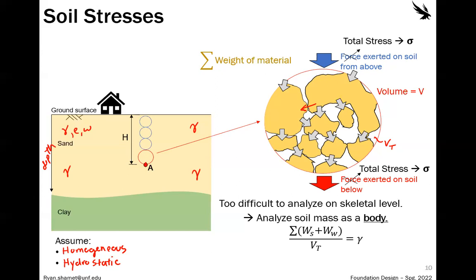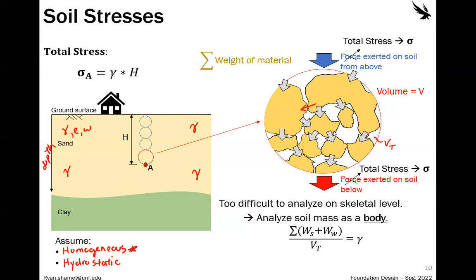So this H, for example, let's just say that would be proportional. The larger the H is, the larger the pressure is, the larger the stress is. And if this is homogeneous and that unit weight doesn't change, then we can say that total stress, that sigma at point A, is just equal to that unit weight times the height or the depth at which we are investigating.